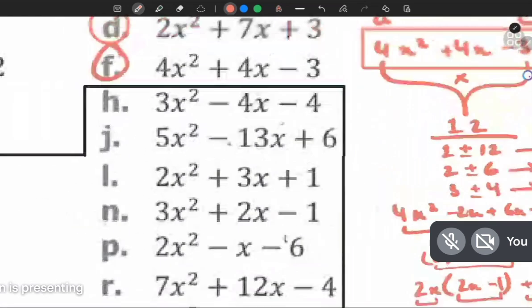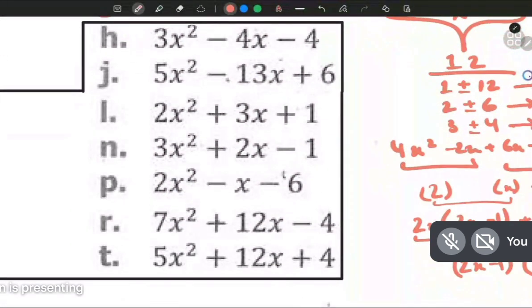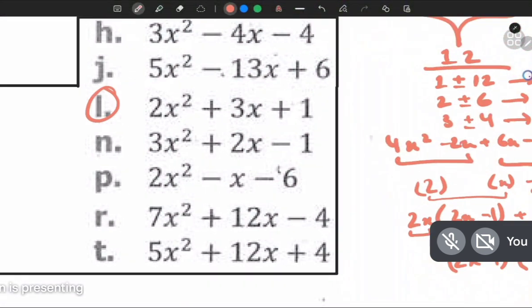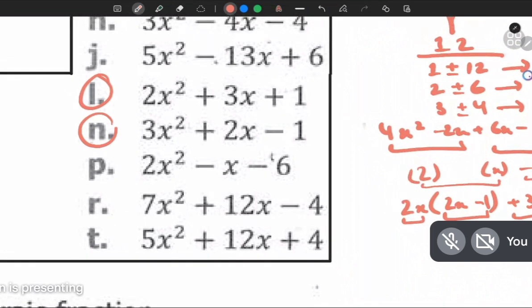So try solving L and N. Sir, I'll take a screenshot of the working.